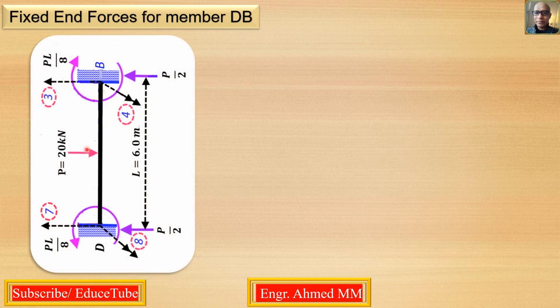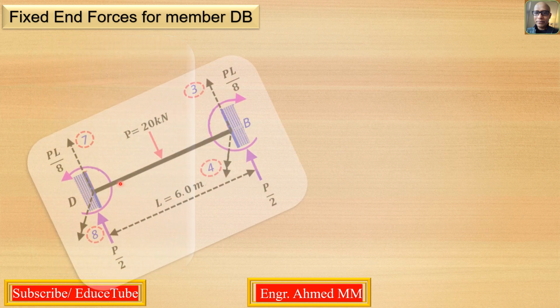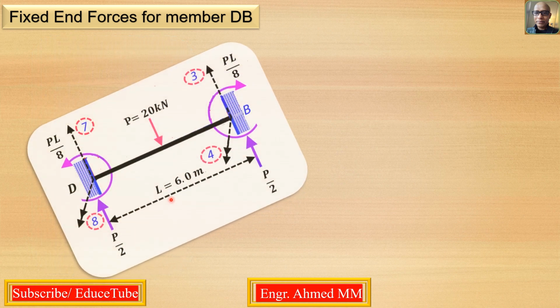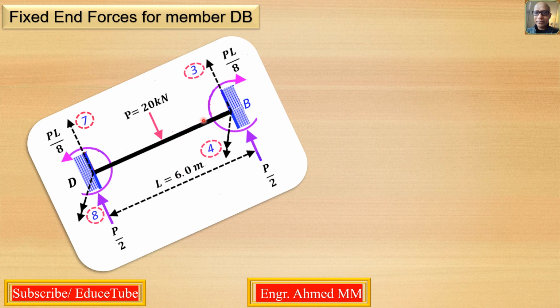This is a vertical member. It is hard to read because it is vertical, so I am making it slightly inclined to read it easily. Now in the same way the fixed-end forces are calculated.